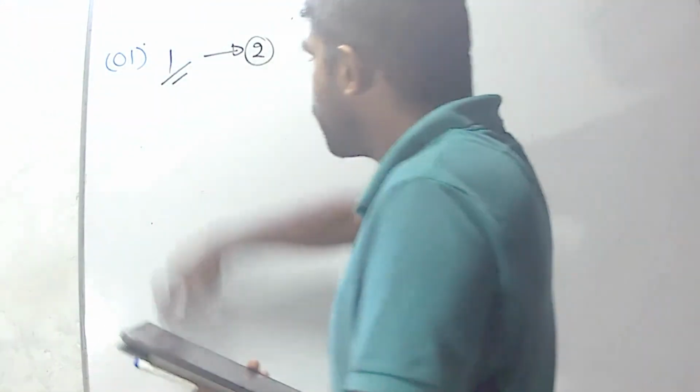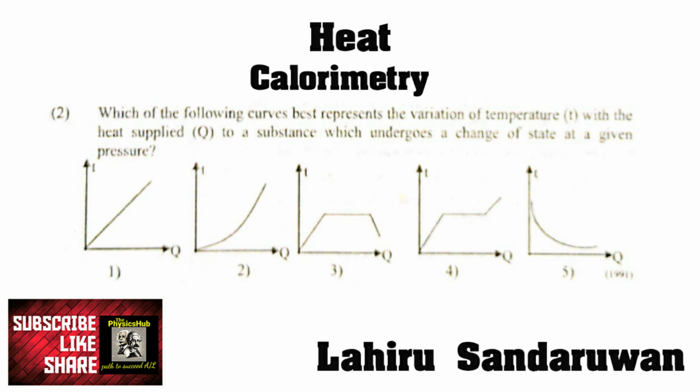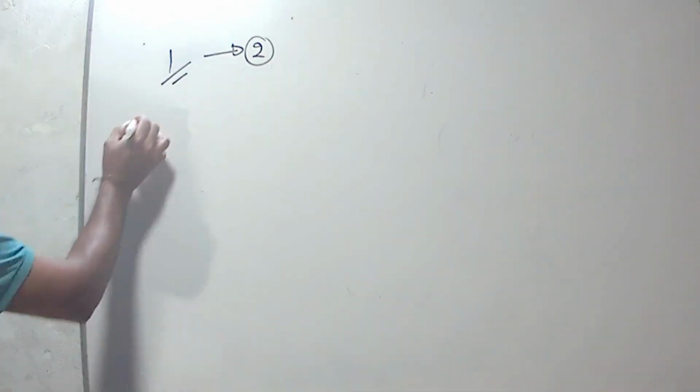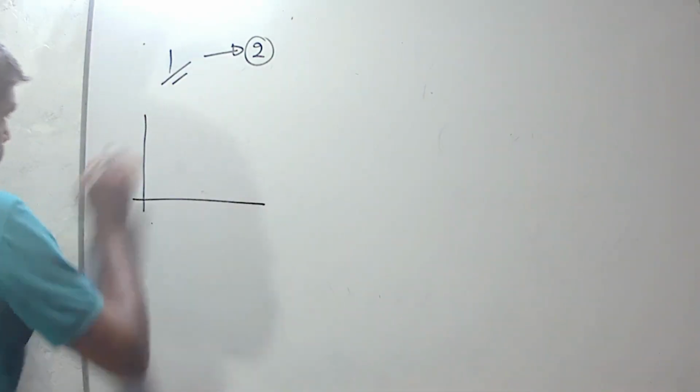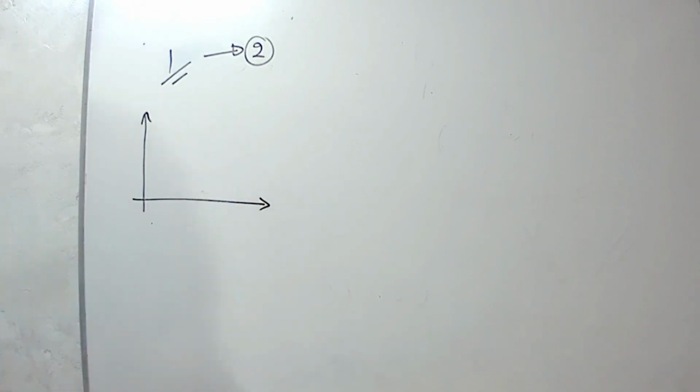Then the answer is 2. Which of the following curves best represents the variation of temperature T with the heat supplied due to the substance which undergoes a change of state at a given pressure? We know that when giving heat energy to a substance, we can consider it as water or any other material.